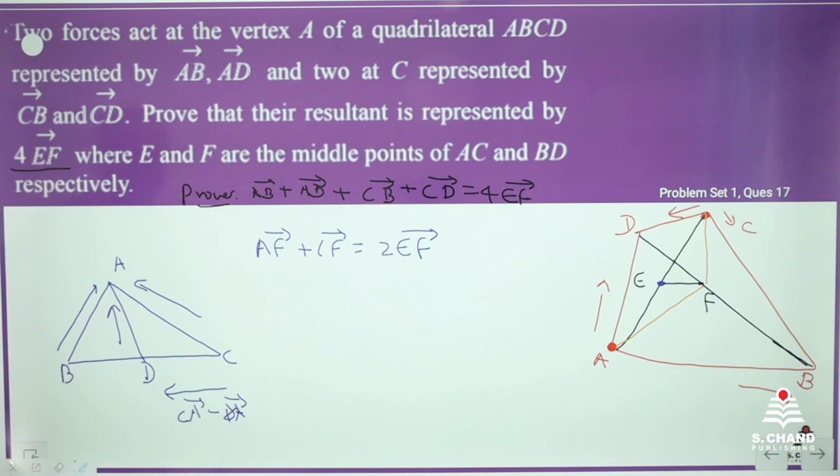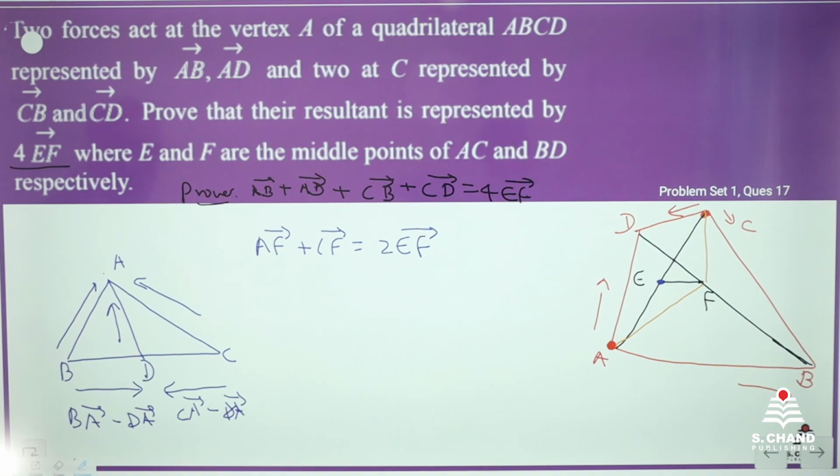This is how we can write it, because DA plus CD is equal to CA. Similarly, if you talk about this vector, it would be BA vector minus DA vector, like this, because we know that DA vector plus BD vector is equal to BA vector, right? So I hope you are understanding this diagram. So as it is quite clear from the diagram that this is BA, this is CA, and this is BA minus DA, this is CA minus DA, and this is DA vector.